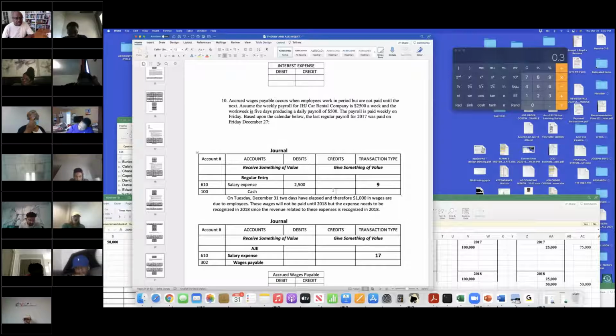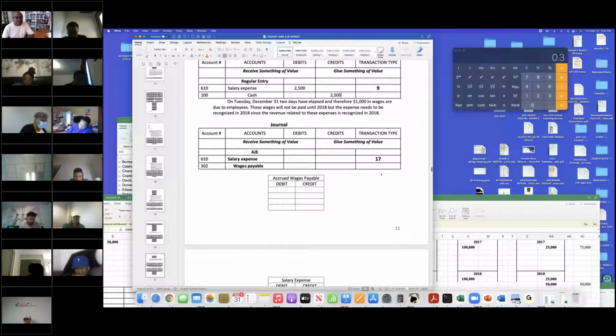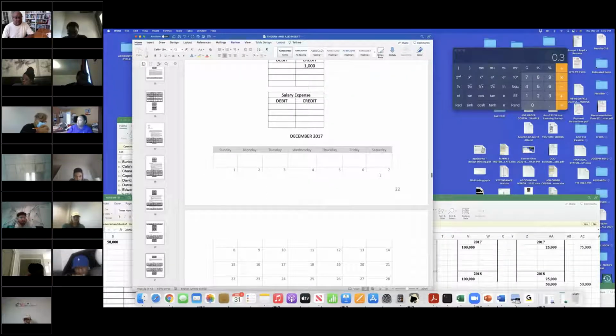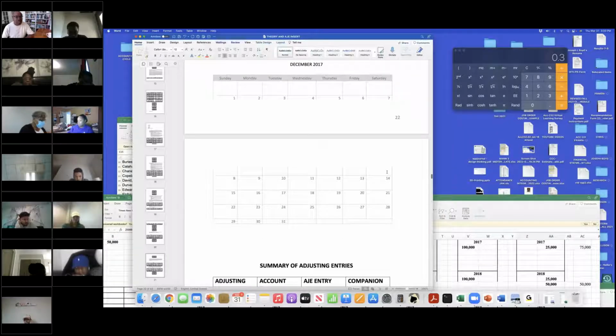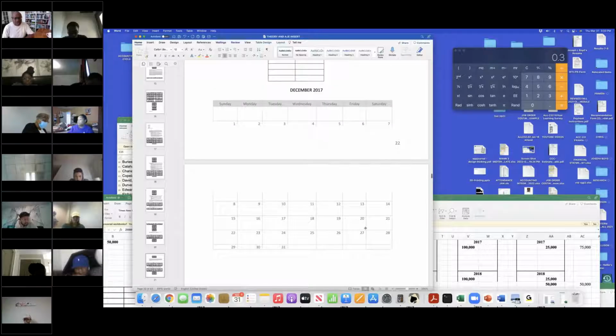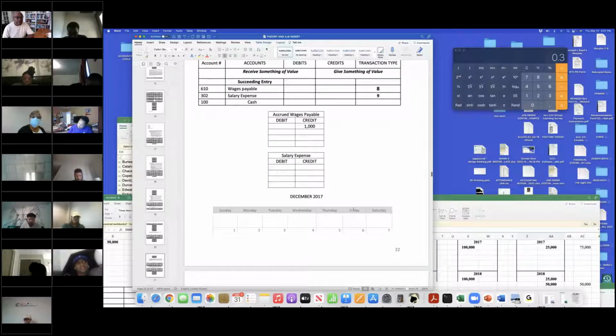But we still have a couple of days left. So if you look at this calendar, when we pay on the 27th, we would have made that same entry on the 6th, on the 13th, on the 20th, and on the 27th. We would have debited the salary expense and credited cash. But when the year end comes, we still have 2 days, the 30th and the 31st. The workers work, but they're not paid.